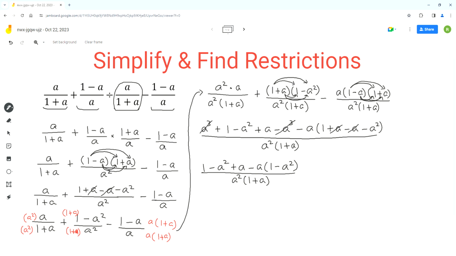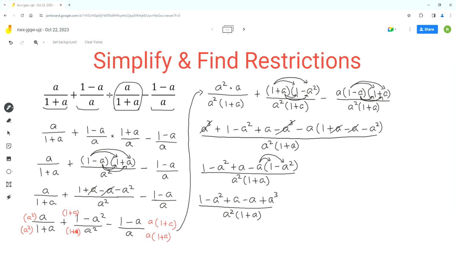Now we can distribute this negative a into the parentheses. So we get 1 minus a squared plus a, then negative a, because negative a times 1 is negative a, and then negative a times negative a square will be positive a cube over a square times 1 plus a.